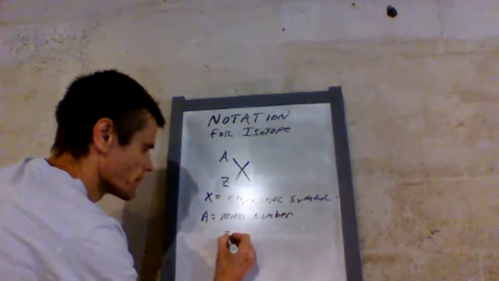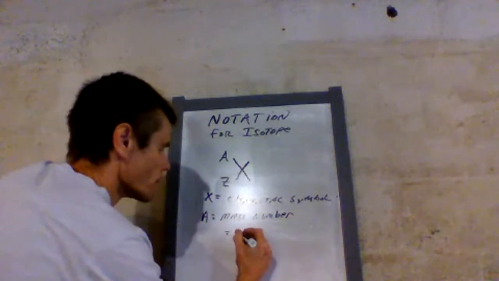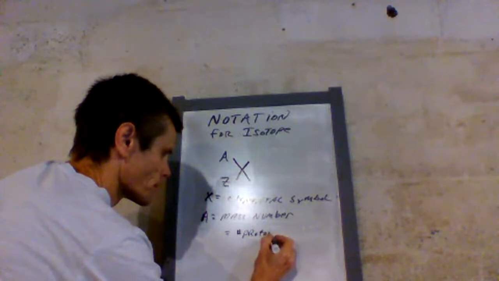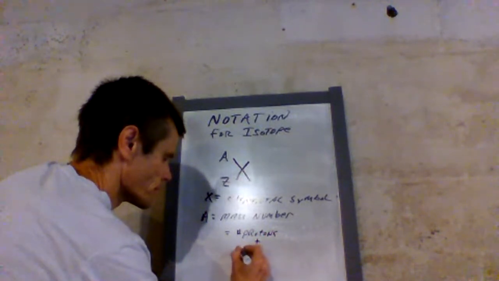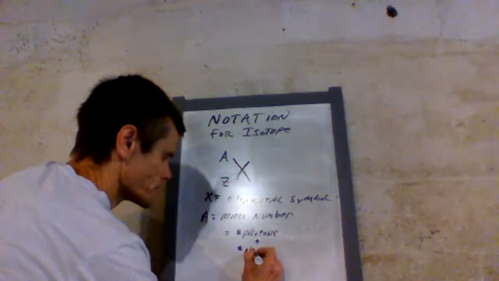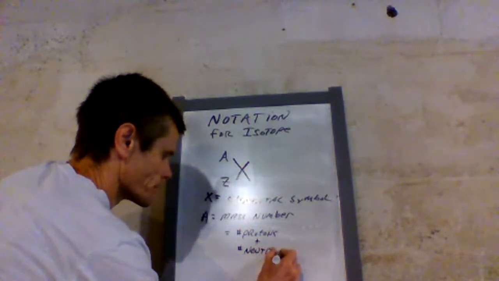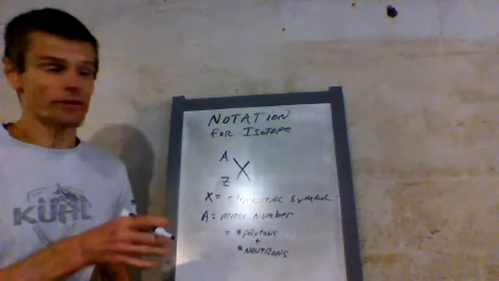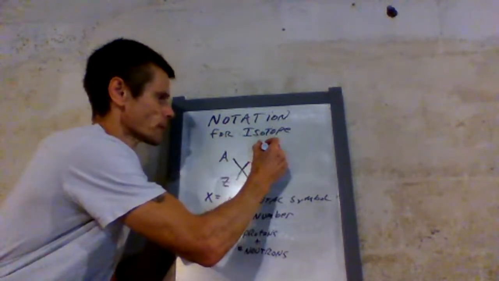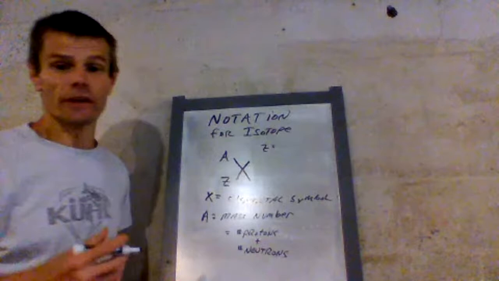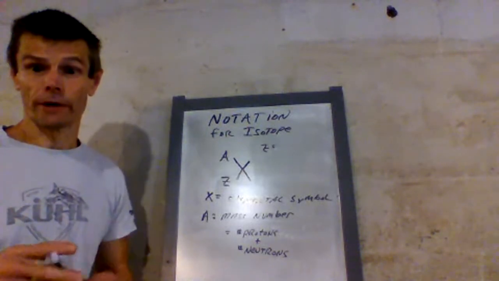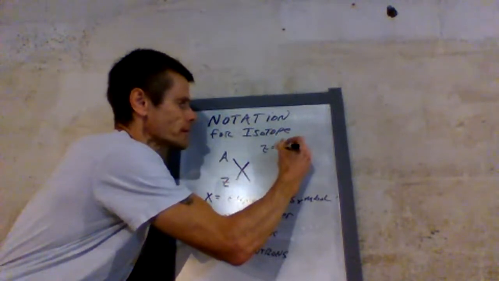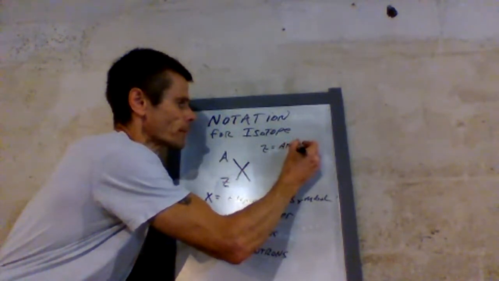The mass number is equal to the number of protons plus the number of neutrons in an atom of that particular isotope. Z is the number that we discussed a little earlier. Z is the atomic number that we showed for carbon. Z is the number of protons, and it's called our atomic number.